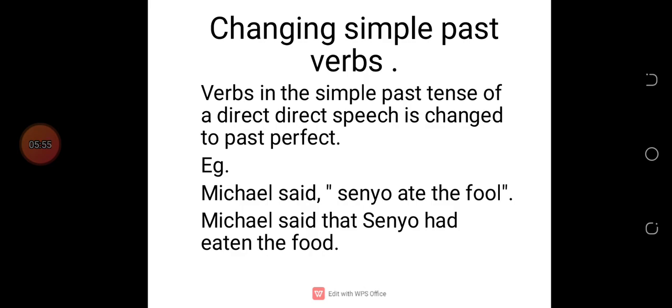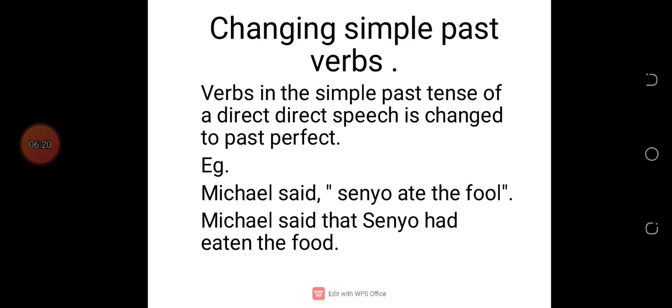Very good. So let's quickly look at the example on our screen. Michael said, Senyo ate the food. So the verb we are looking at is the ate, which is in the simple past tense.